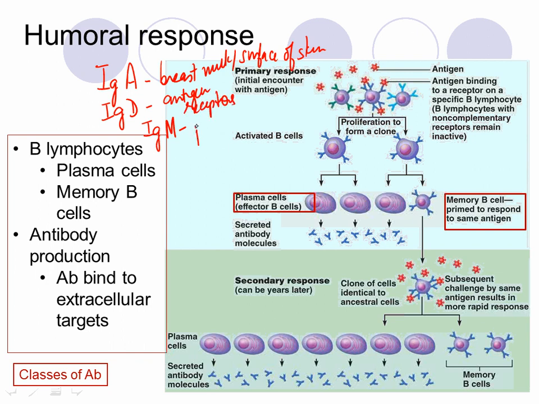IgM is produced in the primary response. IgG is the secondary and subsequent response, usually secondary and subsequent, and this is the most plentiful.